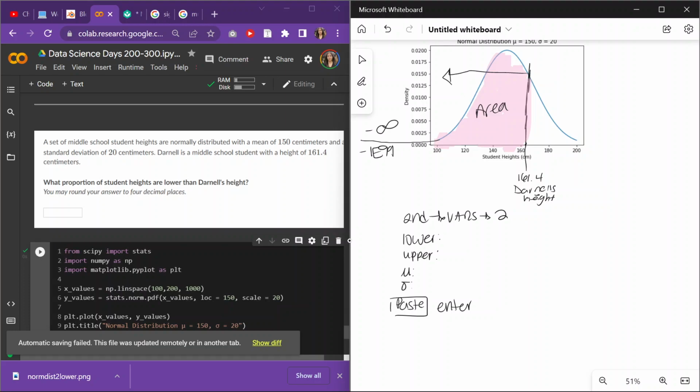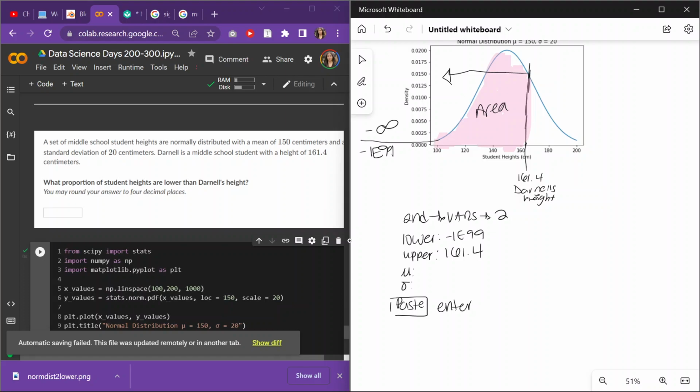Because there's not a negative infinity symbol in your calculator, you want to use a big number like negative 1e99. Some people do negative 9999 or whatever, but I do negative 1e99 because I feel like that represents it better. So we start at negative 1e99, so negative infinity, and we end at 161.4 because that is the proportion of students who have a lower height than Darnell.